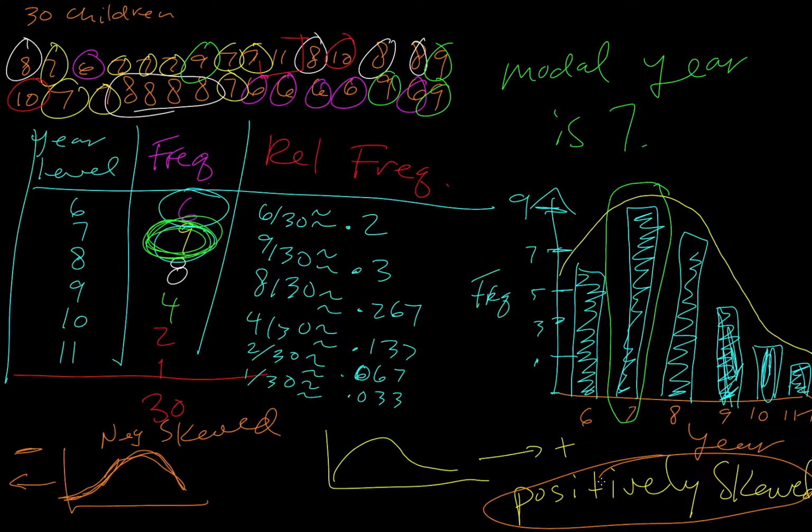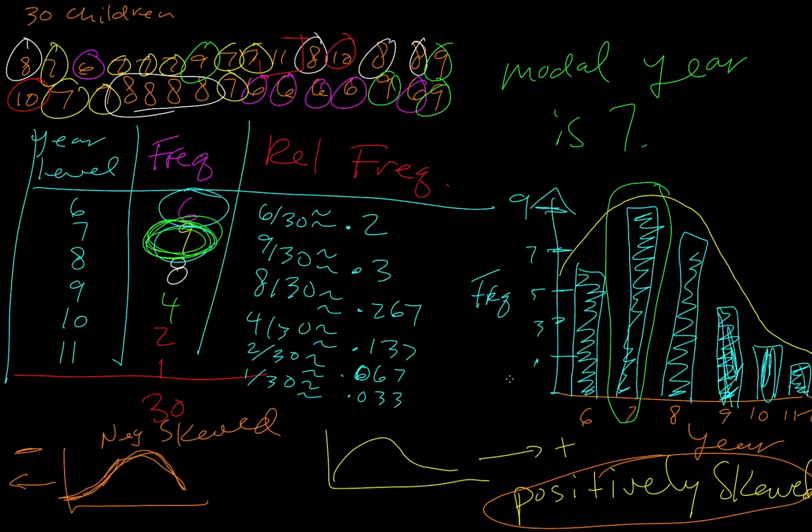And there are no outliers on that. So outliers would be things that are like way out there. So if we had like a 27th grade student, or if we had like a kindergartner would be considered an outlier because it'd be way over here.